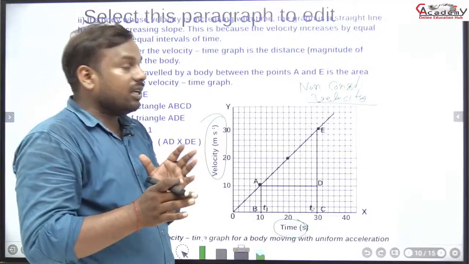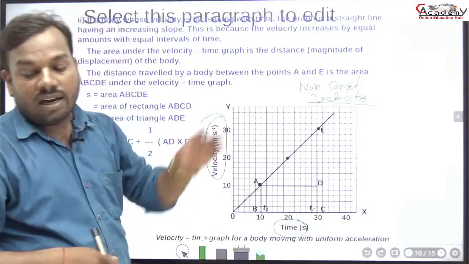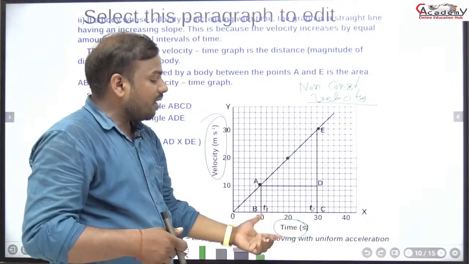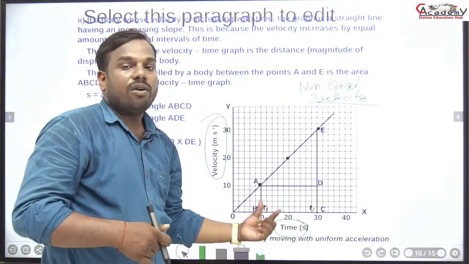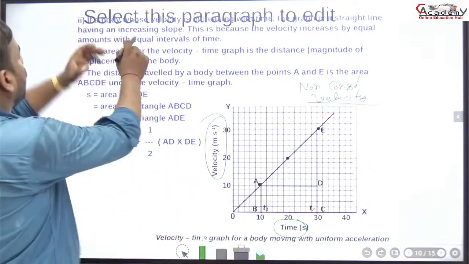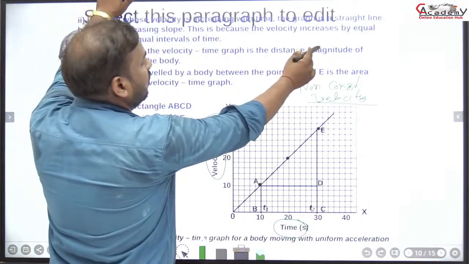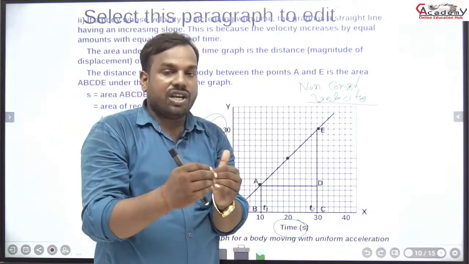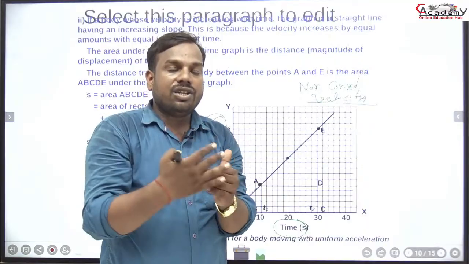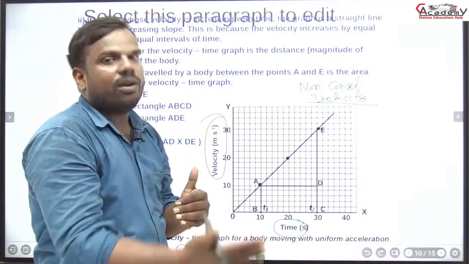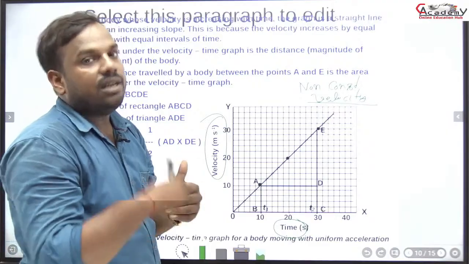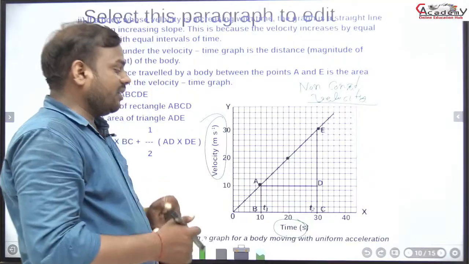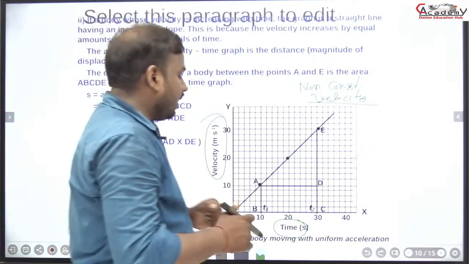So we draw the velocity time graph for uniform acceleration. The velocity increases by equal amounts, changing equally in equal time intervals, then we get uniform acceleration.